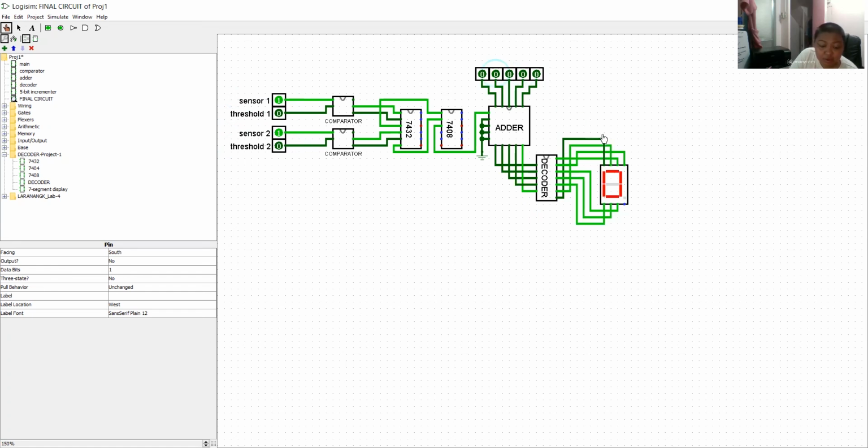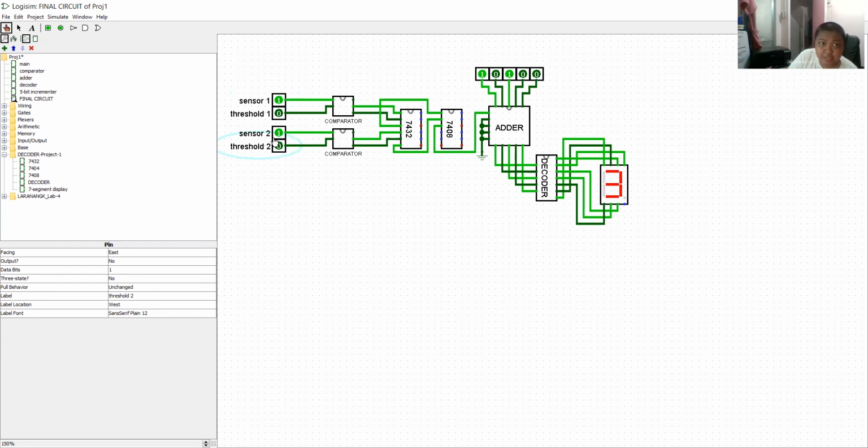And for 16, let's try 20. So let's try 20. 1 0 1 0 0. So instead of 2, it will increment if the sensor and threshold are equal or greater than.